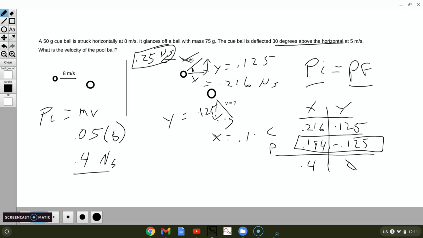Well, those are my components then for this. So that's 0.184. So now if I do some SOHCAHTOA and find that angle, which I can by using the inverse tangent, inverse tangent of 0.184 over 0.125, we get 56 degrees.